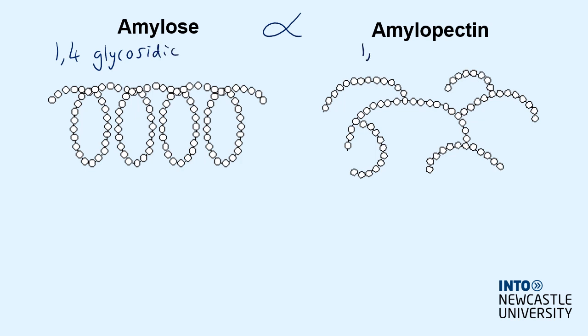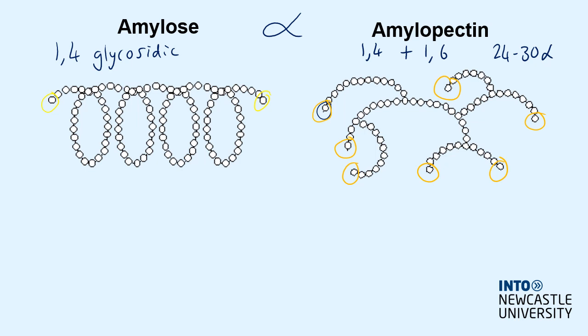Amylopectin has 1,4 bonds plus 1,6 branches every 24 to 30 alpha glucose molecules, so amylopectin has more ends. If we look at the amylose molecule, we've got 2 ends. If we look at amylopectin, we've got 1, 2, 3, 4, 5, 6, 7 ends.